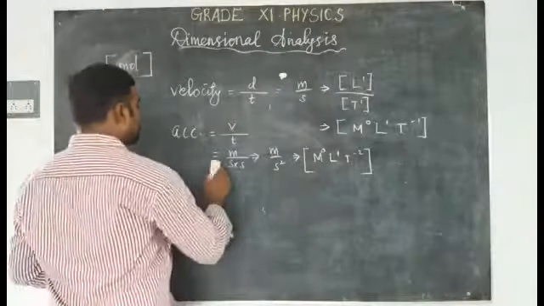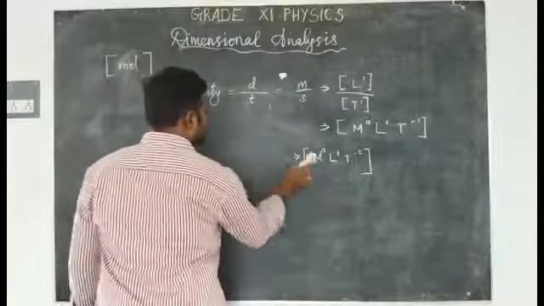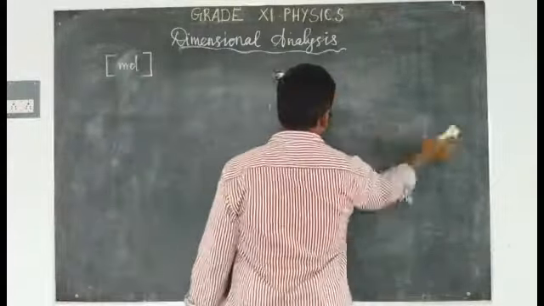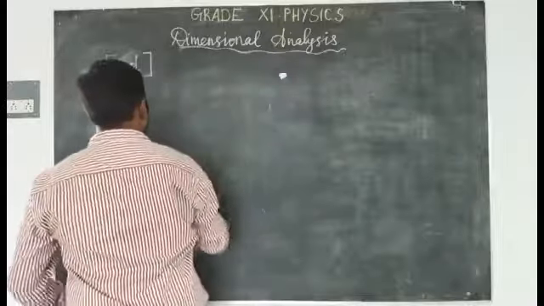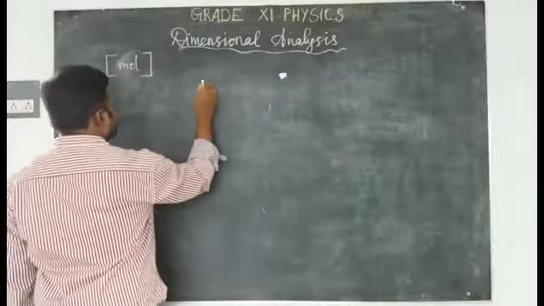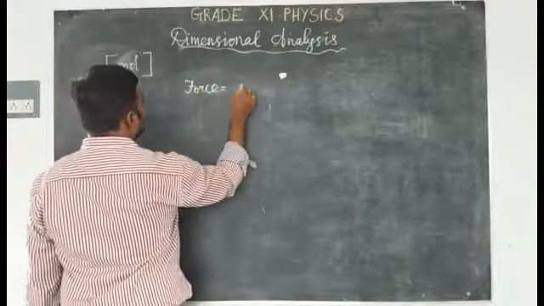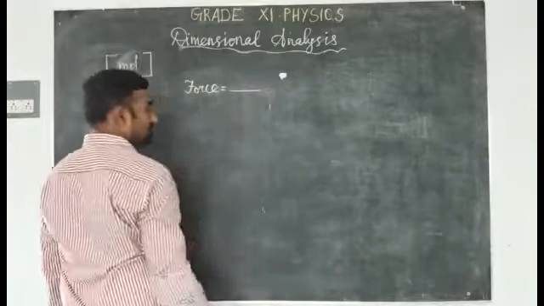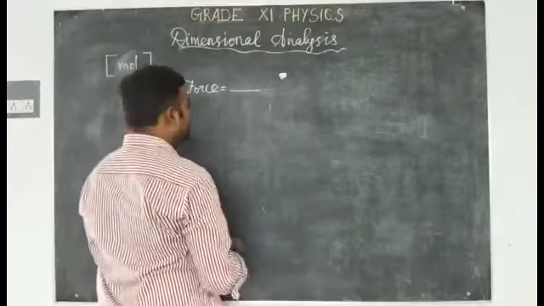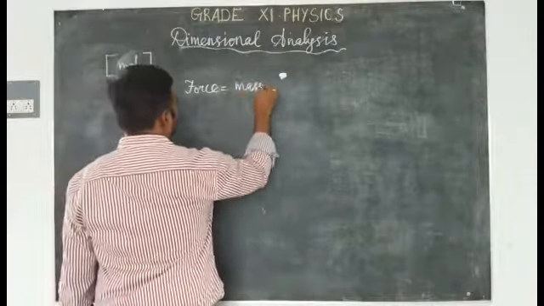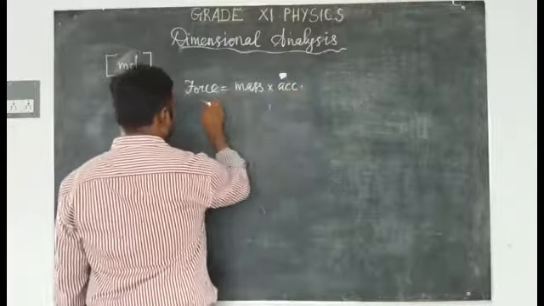Okay. And then force. Next we are going to find the dimensional formula for force. Listen. First we'll write the formula. What is force? Force is the product of mass and acceleration. Force is a vector quantity.